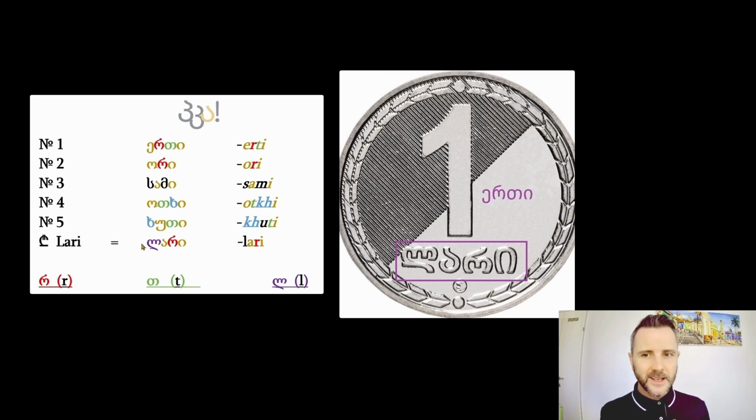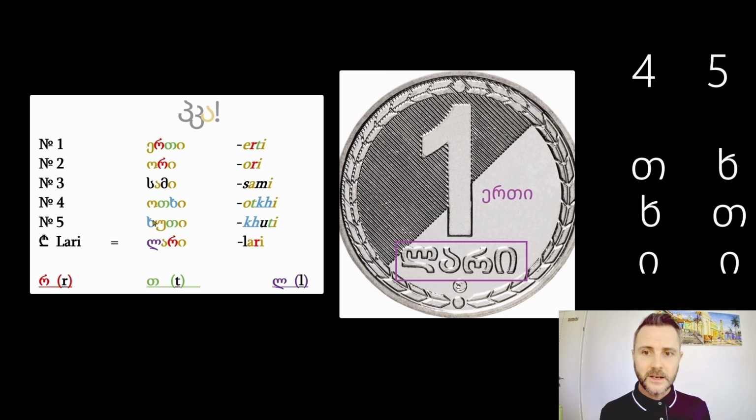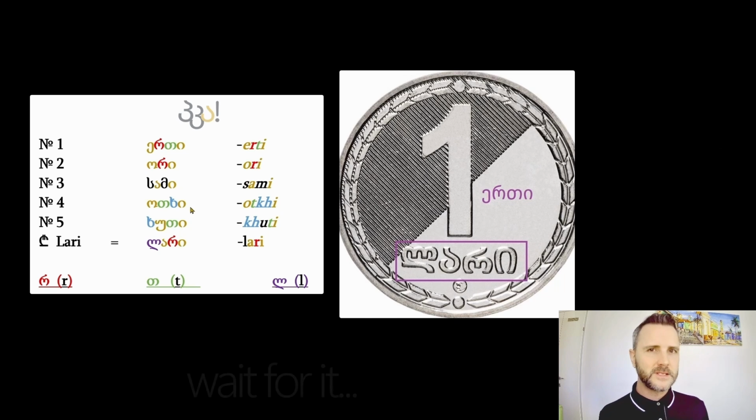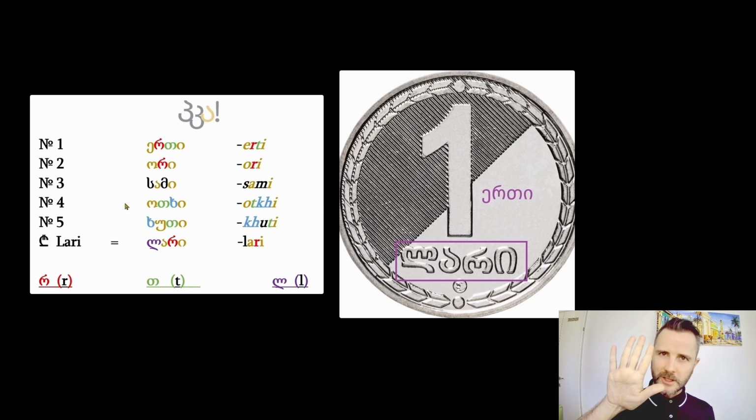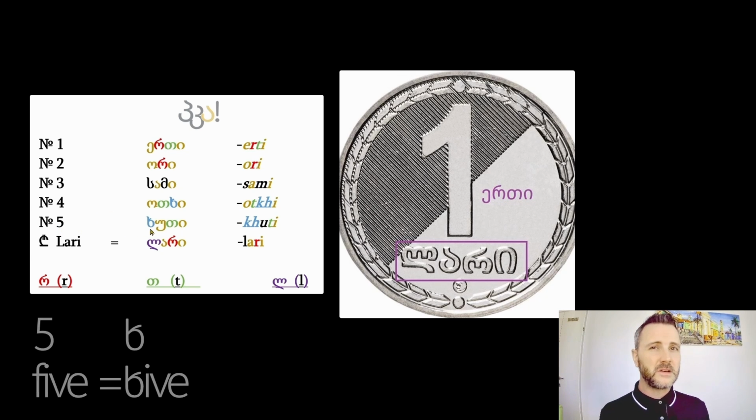One thing I will say, I often confuse 4 and 5 because they have 3 of the same components in this word. So, t, kh, i. The only thing that's different is the o and the u, and it really threw me off. If you want a tip, how I knew the difference between otkhi and khuti was I imagined that the 5 was a bit like the kh.